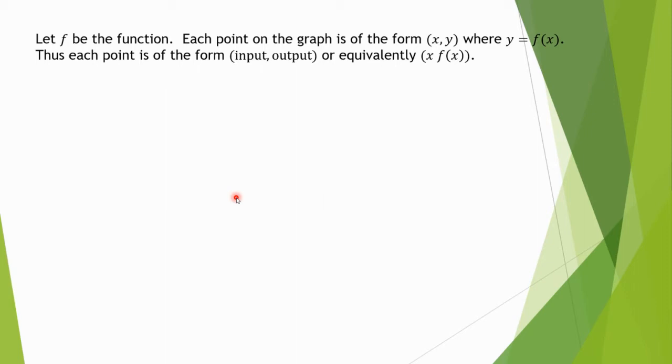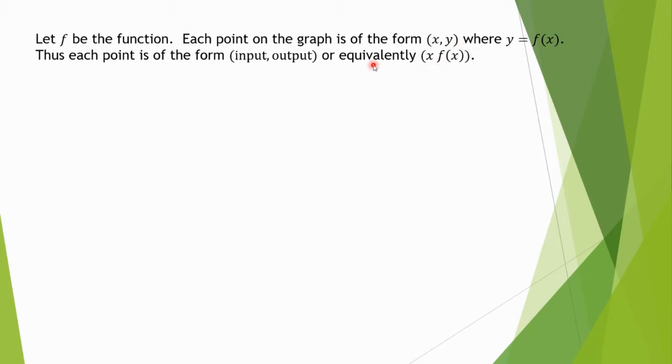And here I wrote the definition of what a graph of a function is. Basically, if f is a function, the graph is all the points of this form, where y is f of x. So the whole idea here is you're representing the inputs and outputs as ordered pairs in the plane.